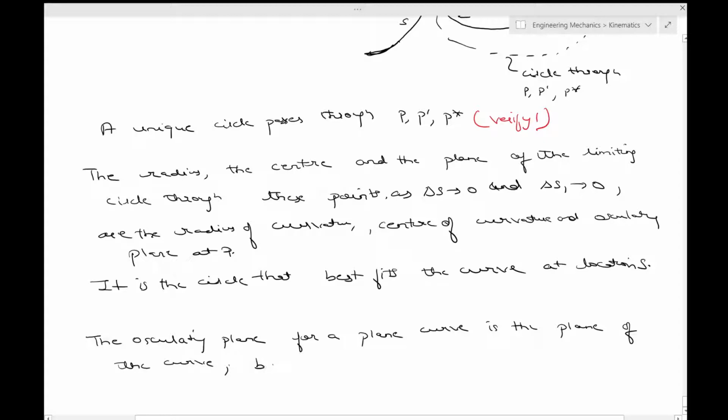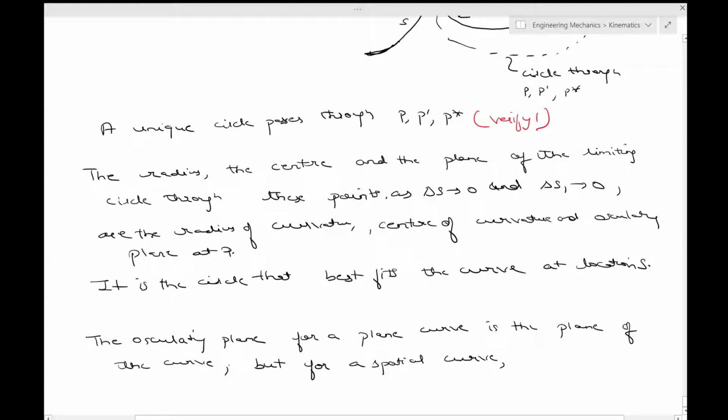But for a spatial curve, which we are considering in our case, all the fun happens only at the three-dimensional level. That's why we are studying all these things in 3 dimensions.